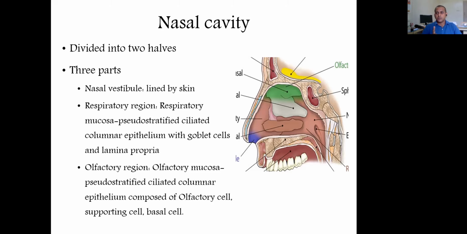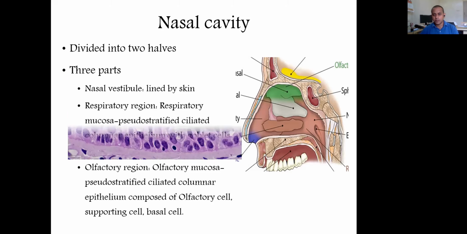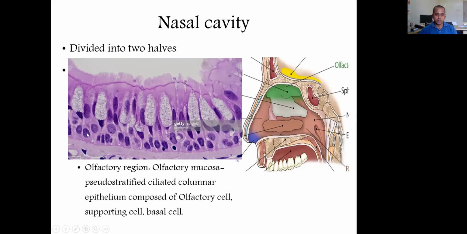What do you understand by pseudostratified? All the cells touch the basement membrane, but because of the arrangement of the nuclei, this epithelium appears to be stratified, but it's not stratified, it's pseudostratified, because all the cells are touching the basement membrane.